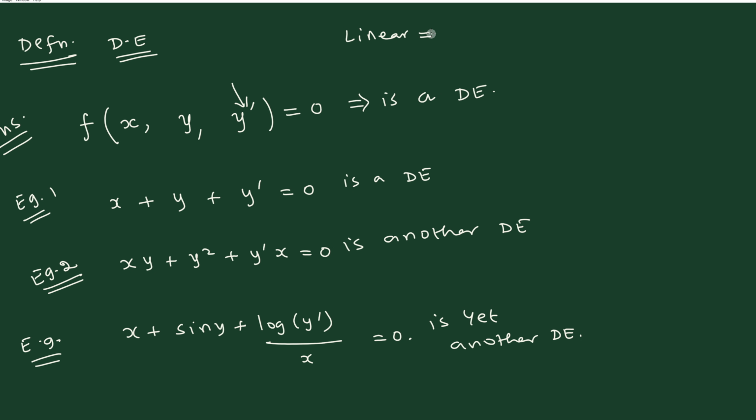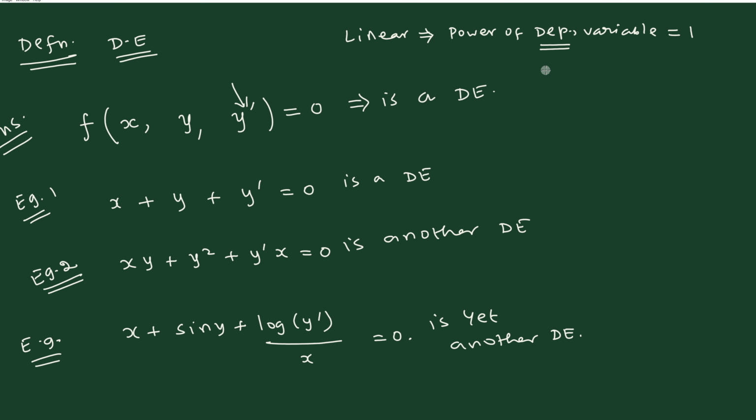For linear differential equation, one condition has to be satisfied, and the condition is this: the power of the dependent variable must be equal to exactly 1. So that is why I have first of all explained what is dependent and what is independent. You should know which is dependent and which is independent. If you are unable to distinguish the difference between the dependent and independent, then that's all.